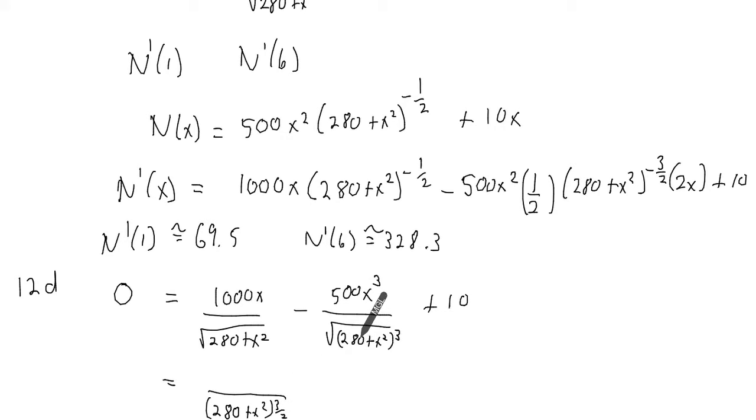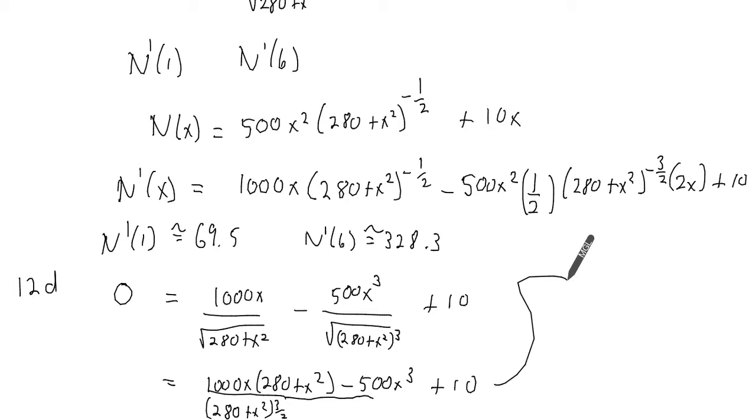And the way I accomplish this is by multiplying top and bottom here by 280 plus x squared. So I'm going to end up with 1000x times 280 plus x squared, minus 500x cubed, plus 10.